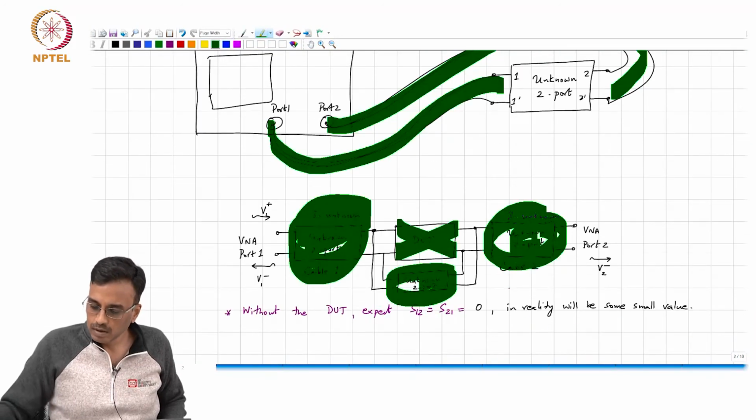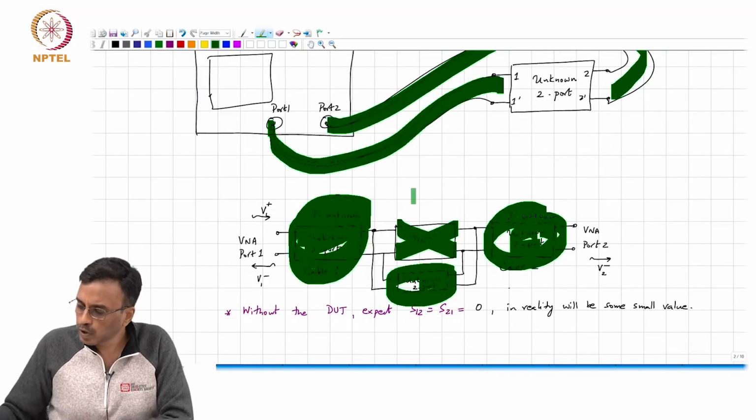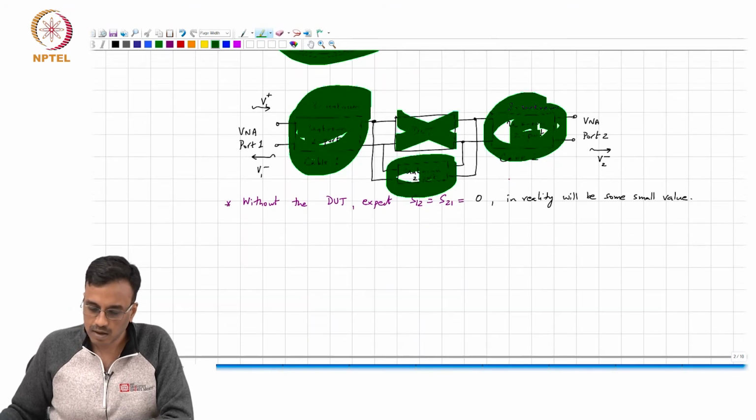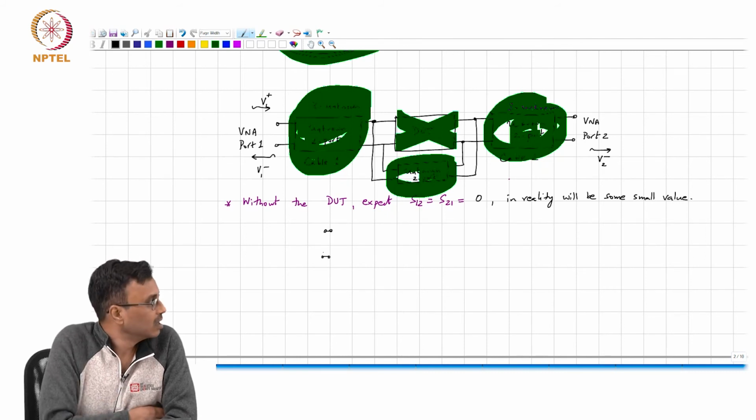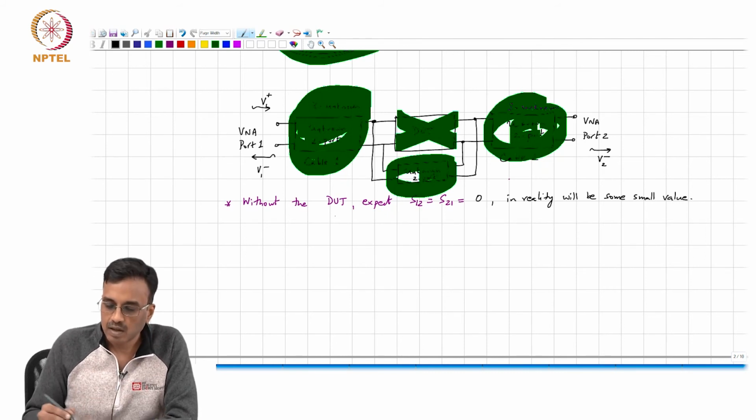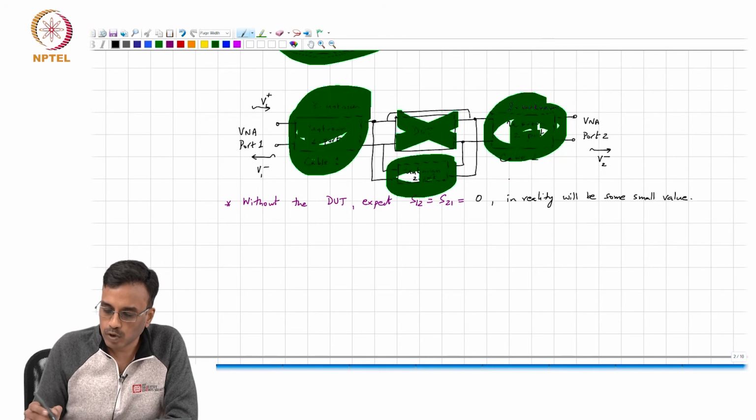Now we need a two port calibration standard, and the standards that are typically used are what is called a through, which is something which is electrically very short. For all practical purposes, this is measuring the S parameters when you short these two ports.